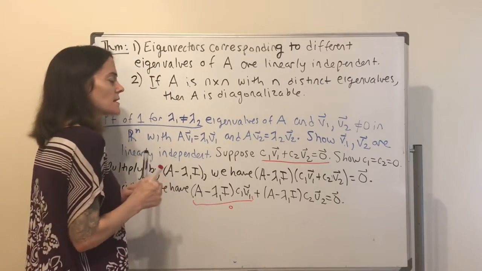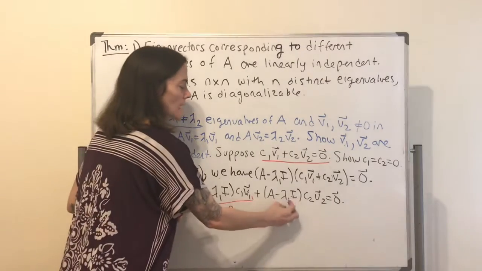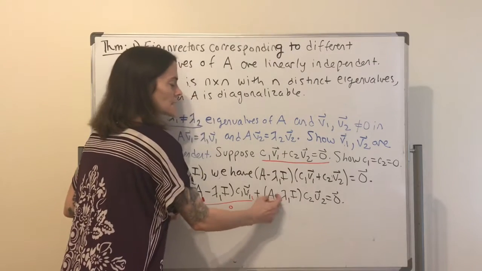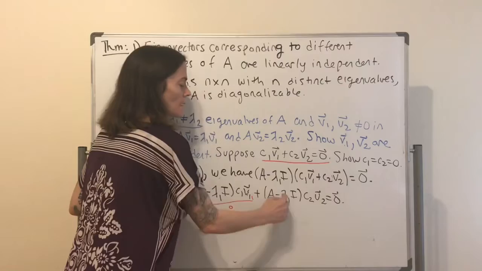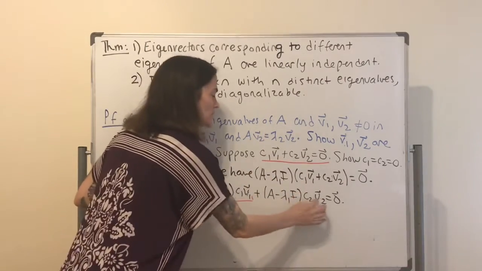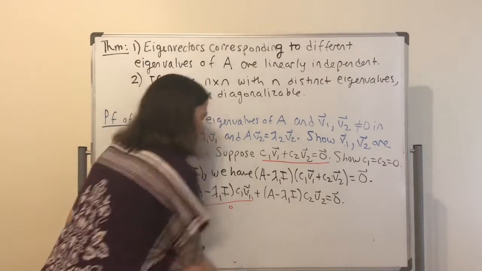Okay. And then on this term, you see this is a difference of two matrices. This can be A C2 V2 minus lambda 1 I C2 V2, like this.